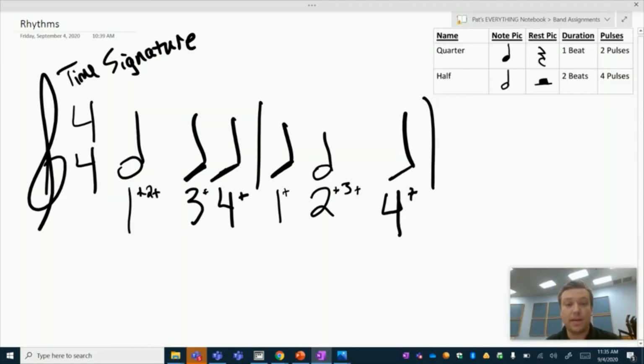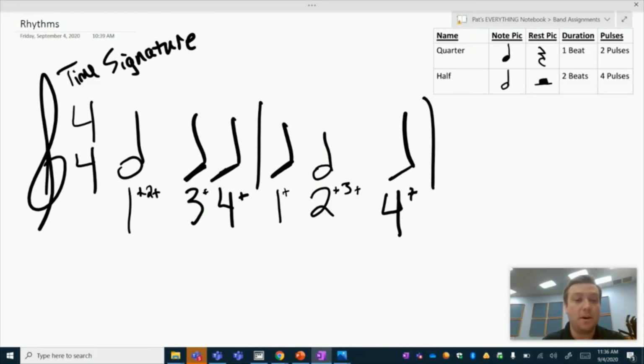So the way I would count that is I would go 1, 3, 4. That was the first measure. And the second measure goes 1, 2, 4. Beat 3 is inside the half note that starts on beat 2. Okay, let's count it together. Ready? And this time we're going to clap also. I'm going to clap with you. You clap when the note starts. 1, 2.